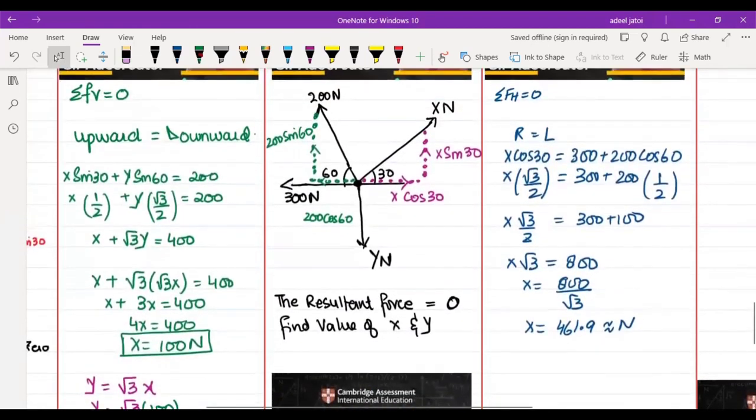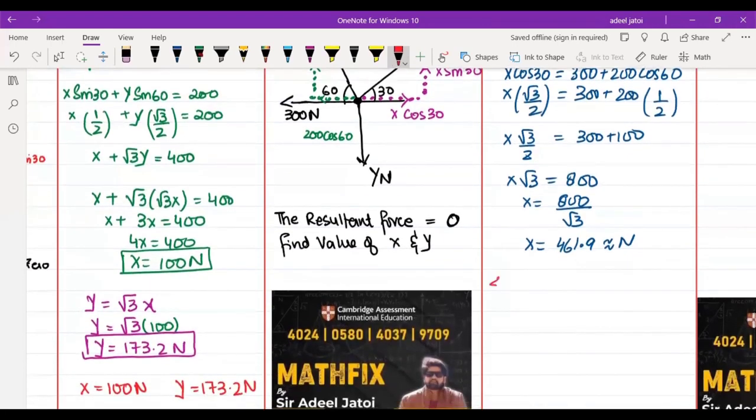Now, let's work upon the vertical forces as well. So summation of force vertical is also equal to 0, which means up minus down is equal to 0. We can have up is equal to down, because of the force equilibrium.